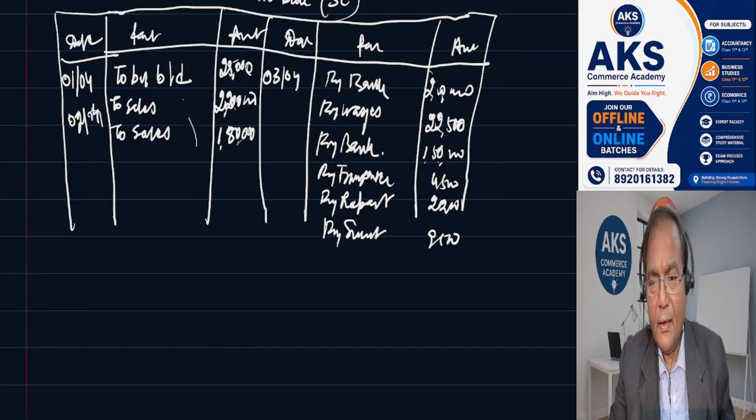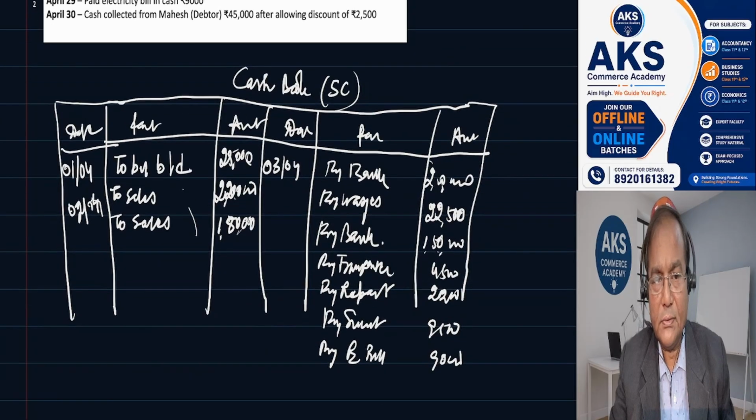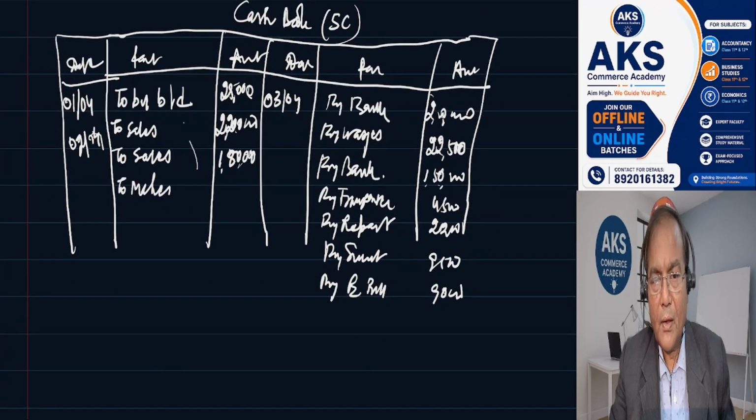So by electricity bill 9,000. Then what next? Cash collected from Mahesh 45,000 and discount allowed 2,500. So 45,000 to Mahesh. Now anyhow you can write the dates. Just I'll show you how the balancing is done.